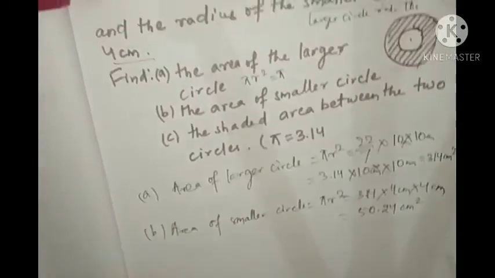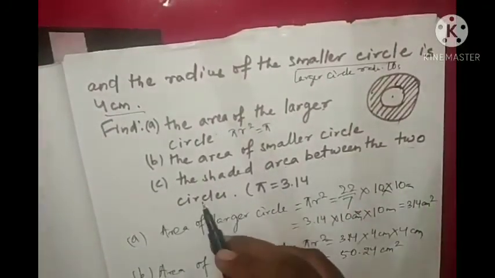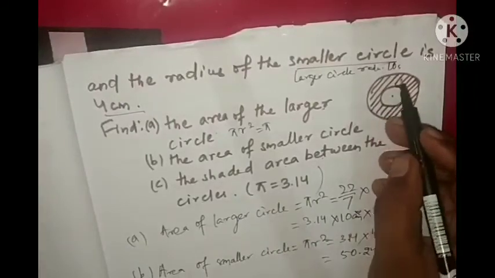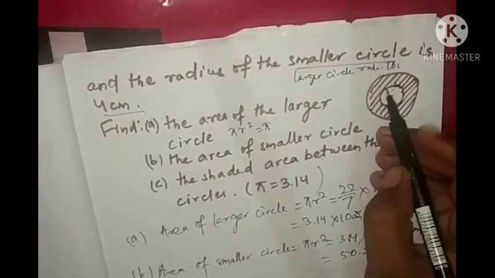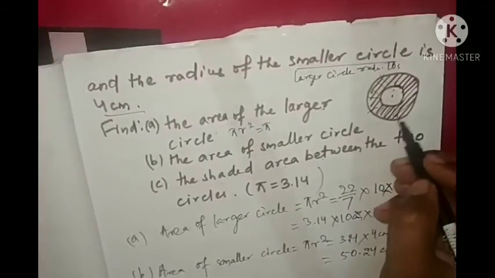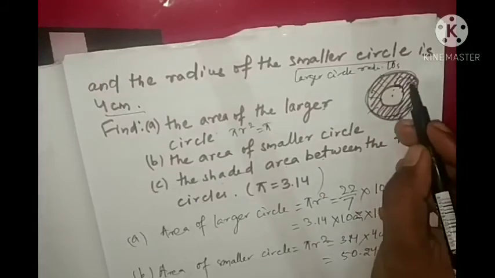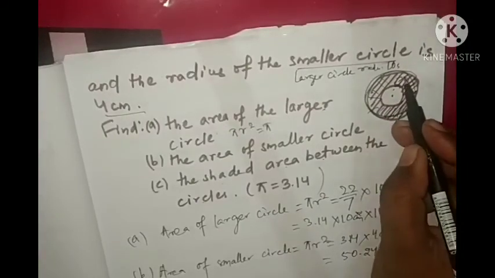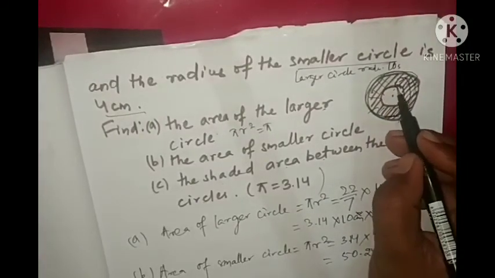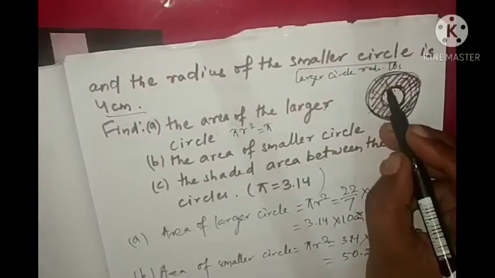Now what do we need to find? The third one, C, is the shaded area between the two circles. This is the shaded area between two circles, so we have to find out this area. If we subtract the area of the smaller circle from the area of the larger circle, then we can get this area.